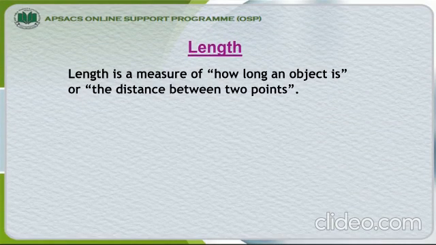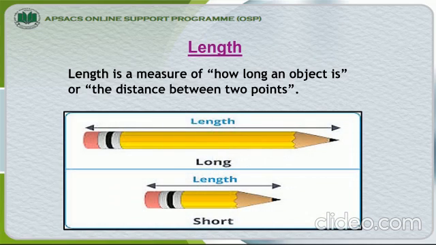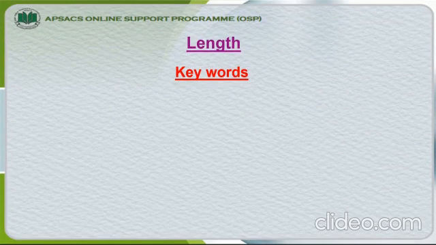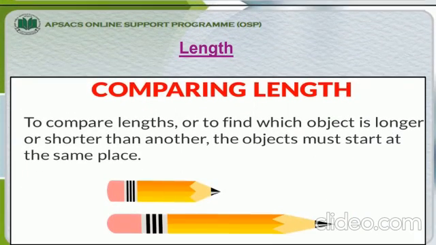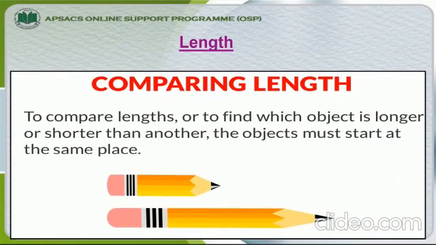Now, come to length. Now, what is length? Length is a measure of how long an object is or the distance between two points. Keywords which we are using in length: long, longer and longest. To compare lengths, or to find which object is longer or shorter than another, the objects must start at the same place.